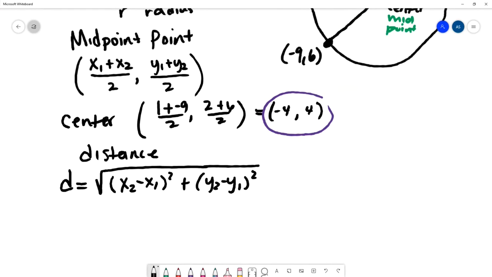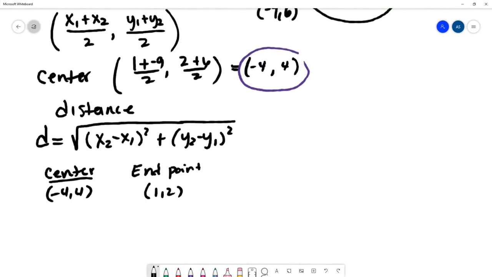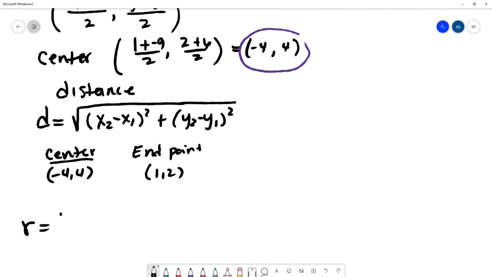So I'm calculating the distance between the center, (-4, 4), and one of my endpoints of the diameter, which is (1, 2). And I'm plugging that into the distance formula to get the radius. Excuse me, let me go a little bit slower on this.